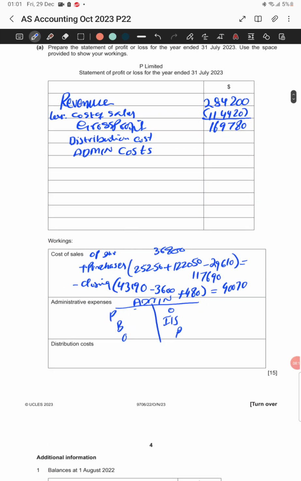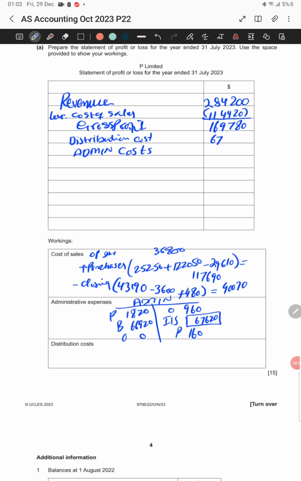In this way, we can complete this. 1820, 960, 66920, ending is 0. This is 160, and here we will calculate the missing figure, which is 67620, and the same we will type in the distribution cost.